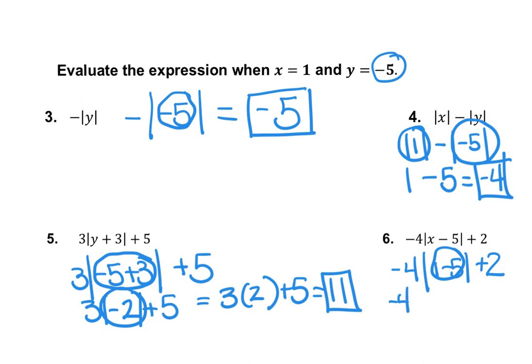Negative 4, and so times negative 4, because 1 minus 5 is negative 4, plus 2. We have 4, and now we have to take the absolute value of negative 4, which is positive 4, plus 2, and 4 times 4 is equal to 16, and then 16 plus 2 is going to give us 18.